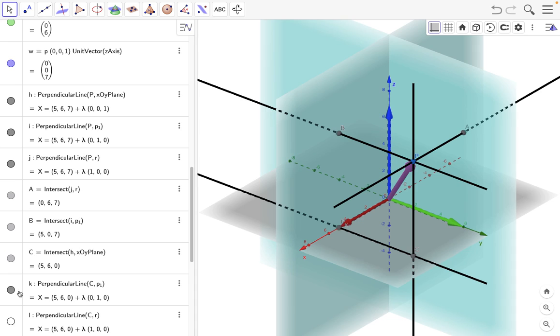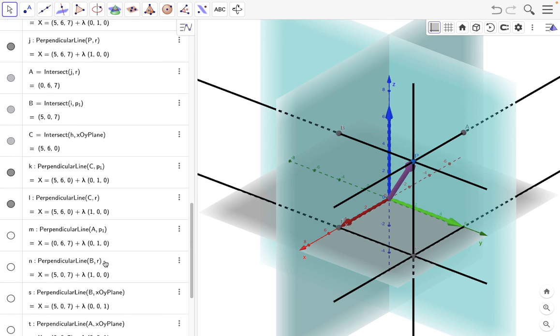Next, we again drop a perpendicular from this point on this plane and it intersects this line here. So that is the component. That is the x plane. Perpendicular to the x plane we have dropped a perpendicular, and this is the y, that means it is the xy plane. So it is the x component along the x direction, and the y component along the y direction.